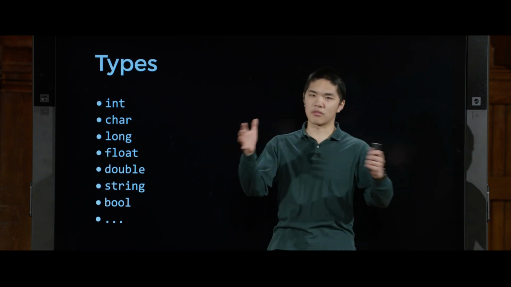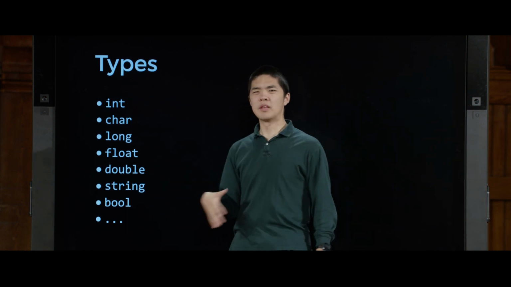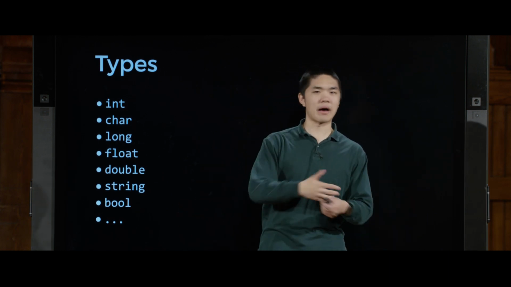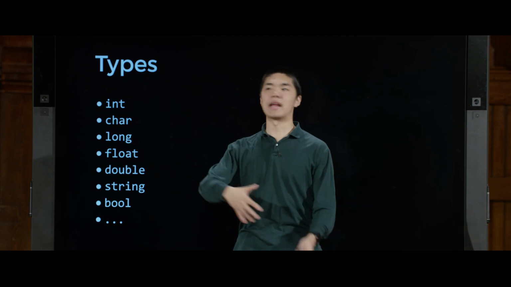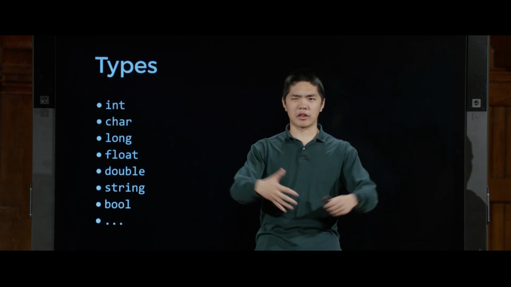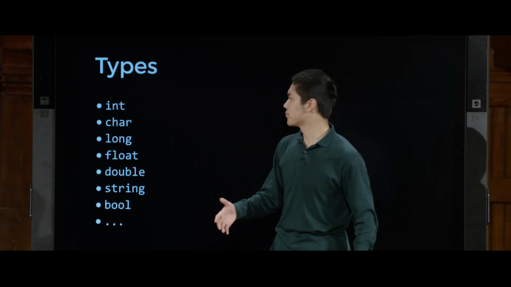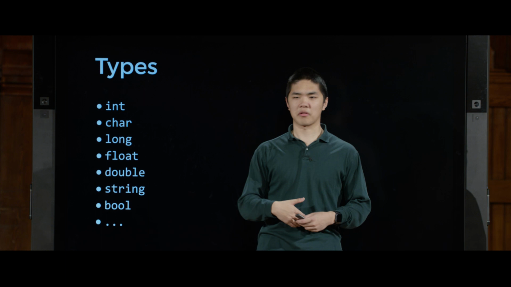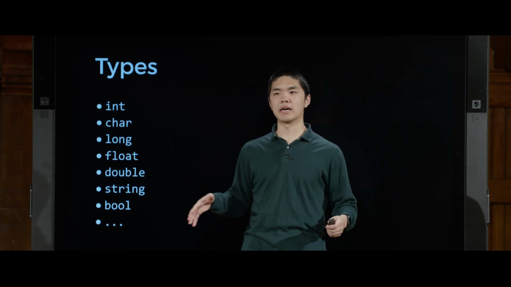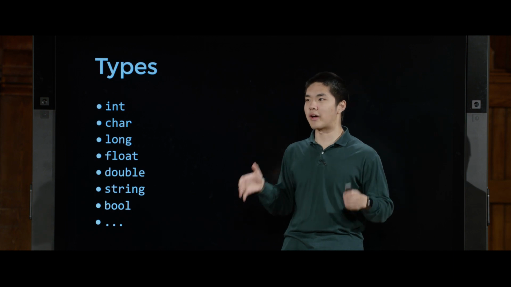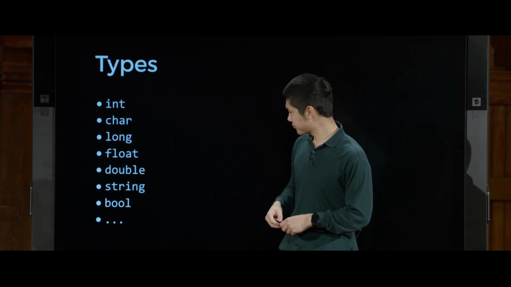And conventionally on CS50 IDE and most of our machines nowadays, a typical int is going to be 4 bytes, or 32 bits, which allows us to store numbers in the range from like -2 billion up until +2 billion. But if you wanted to store a number outside of that range, you might need some bigger data type. And a long, for instance, generally stores 8 bytes worth of data in order to store an integer, which just drastically increases the number of possible values that we can actually represent.